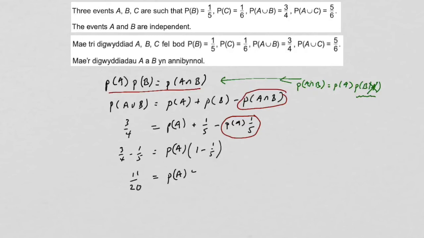And therefore P of A is equal to 5/4 times 11/20, and that gives us 11/16, those two cancelling like that.